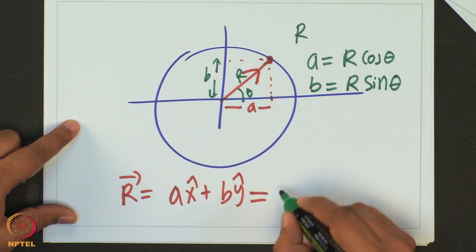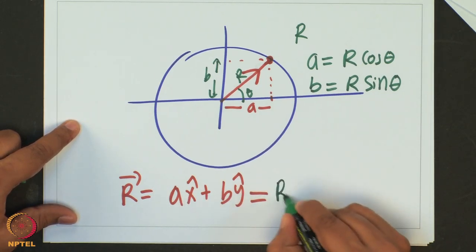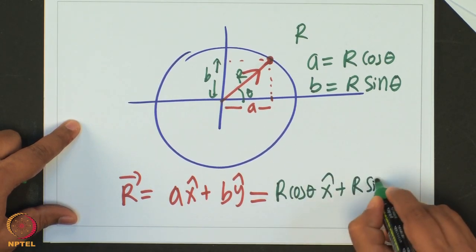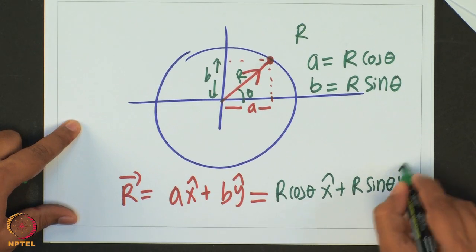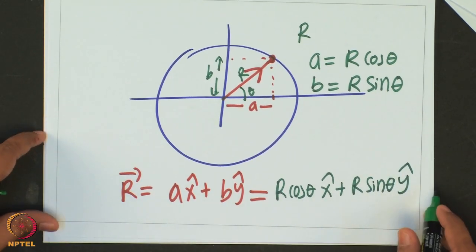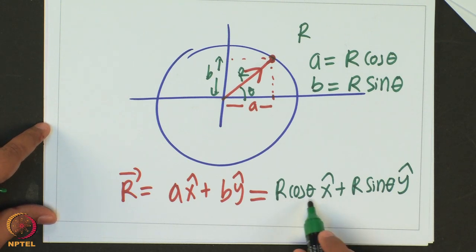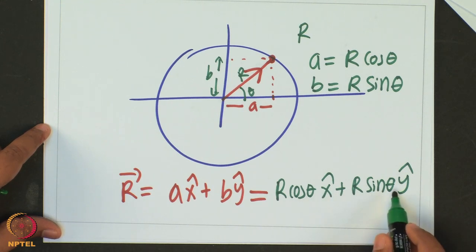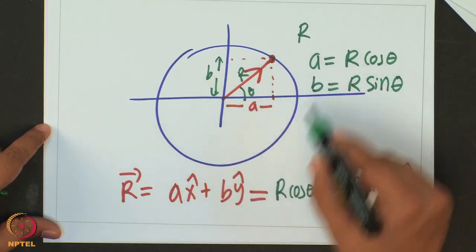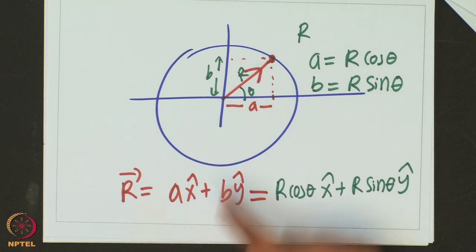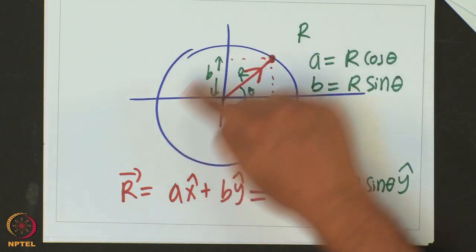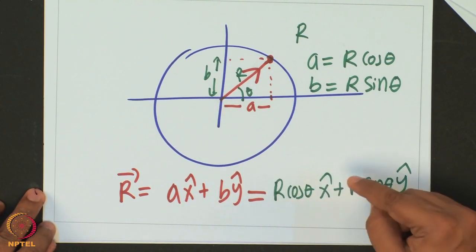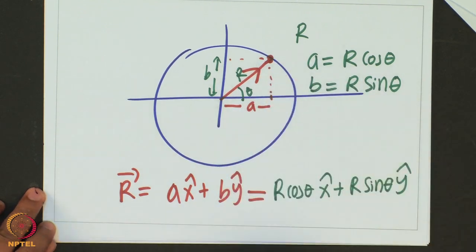So I could write this as r cos theta x cap plus r sin theta y cap. This is the same thing now represented in terms of r and theta, and that would specify this particular point based on theta and r.